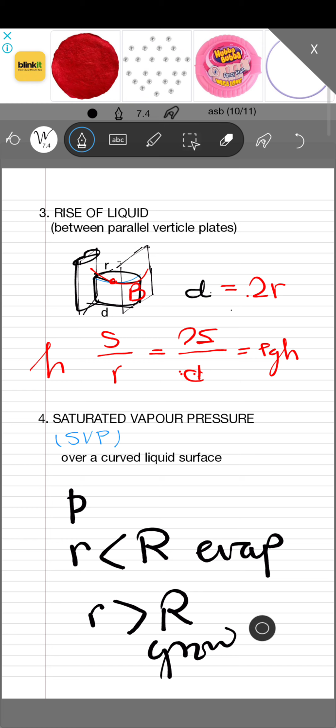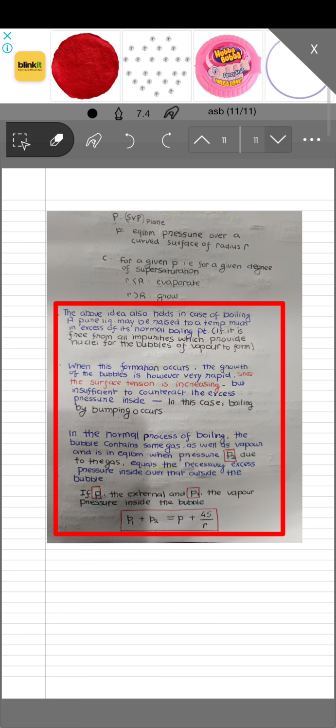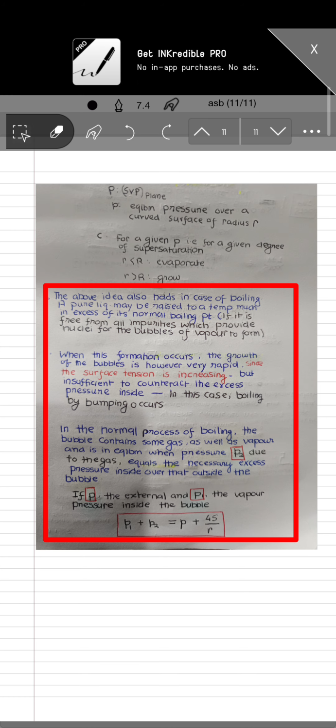Now this above situation is also applicable in the case of boiling of liquids. As you can see, the above idea also holds in case of boiling, as a pure liquid may be raised to a temperature much in excess of its normal boiling point, if it is free from impurities which provide nuclei for the bubbles of the vapor to form.